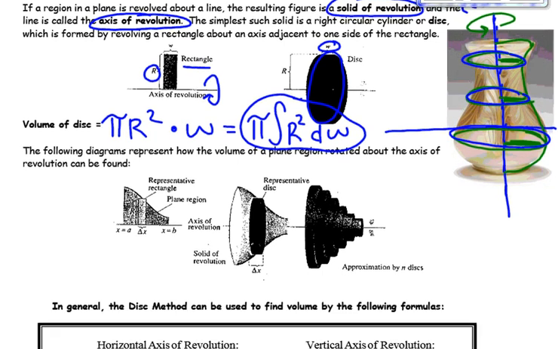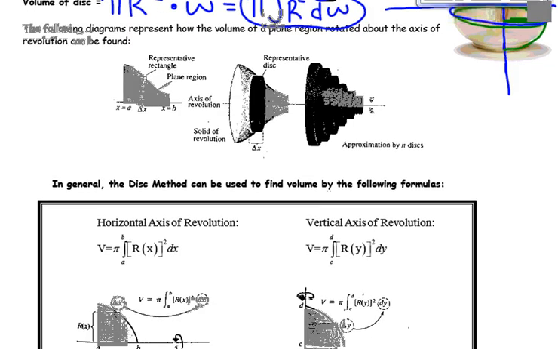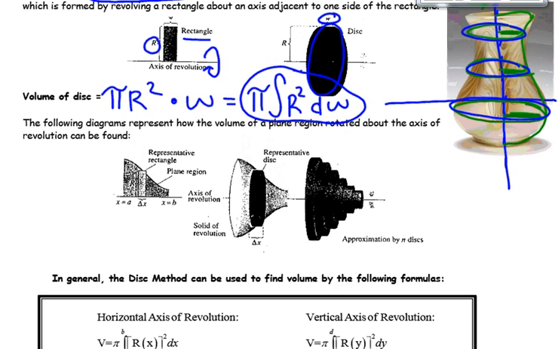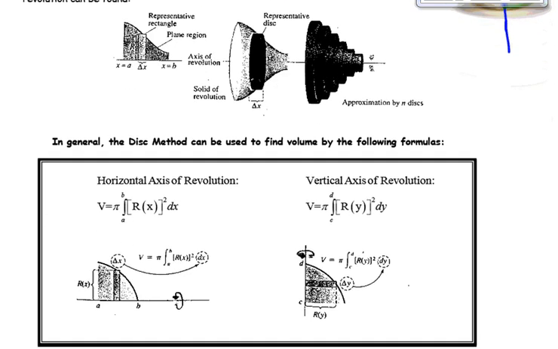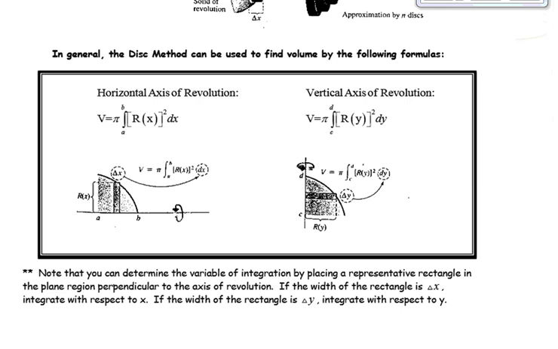We can take it with respect to x, or we can take it with respect to y. The base that I had would be taken with respect to y, because we would have horizontal representative rectangles there. Skipping down to this box here, this is going to be mostly important. For a horizontal axis of revolution, like the x-axis, everything would be in terms of x, because, as it says down here in the note, your representative rectangle needs to be perpendicular to the axis of revolution.